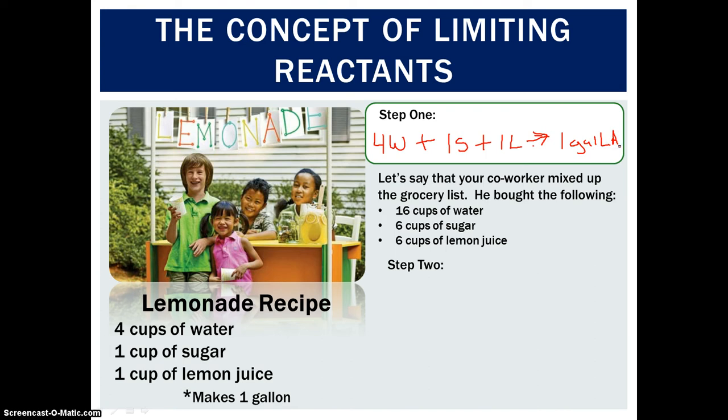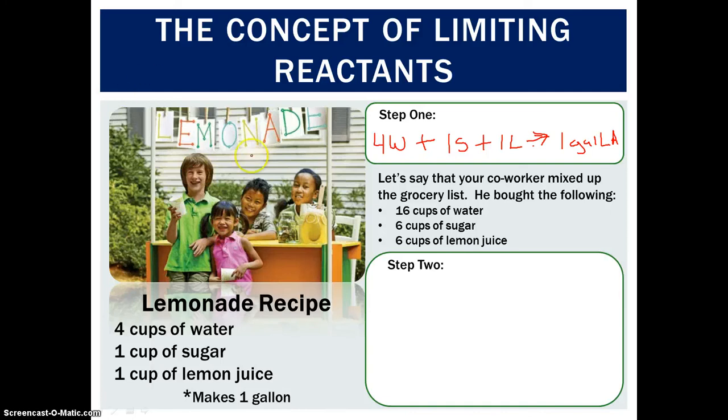So let's say your coworker mixed up the grocery list and didn't buy all the right amounts to make the set recipe. He bought 16 cups of water, 6 cups of sugar, and 6 cups of lemon juice. Now we need to figure out how much lemonade you can actually make.